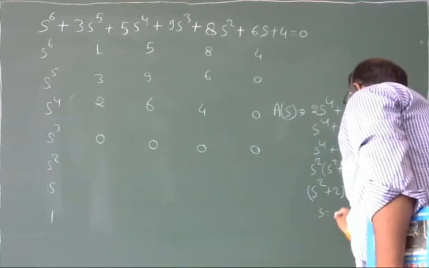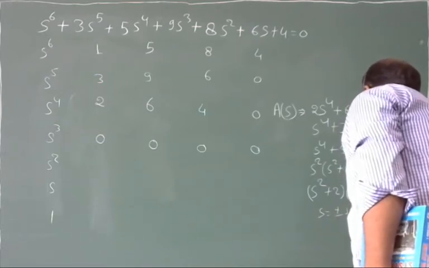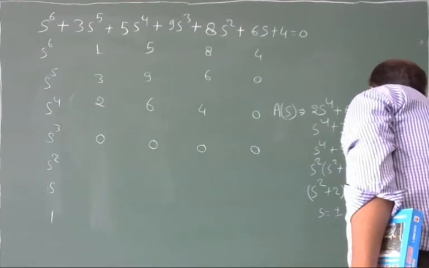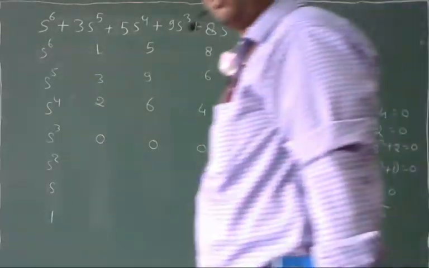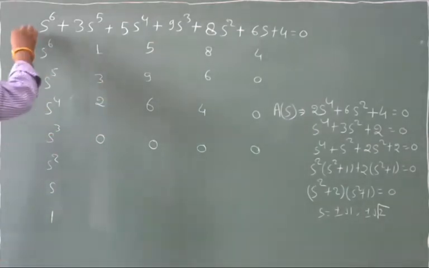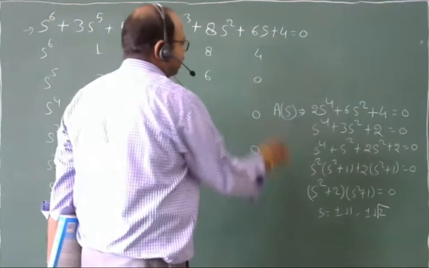Therefore, s is equal to plus minus j1 and plus minus j under root 2. These are the four roots of this characteristic equation which can be determined from the auxiliary equation.